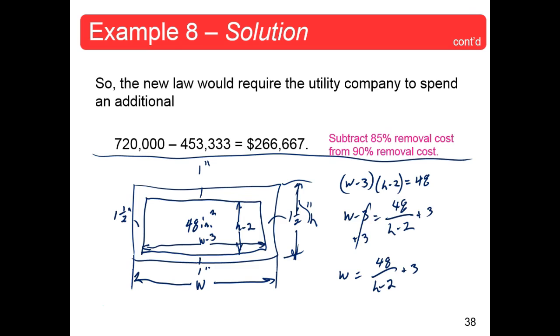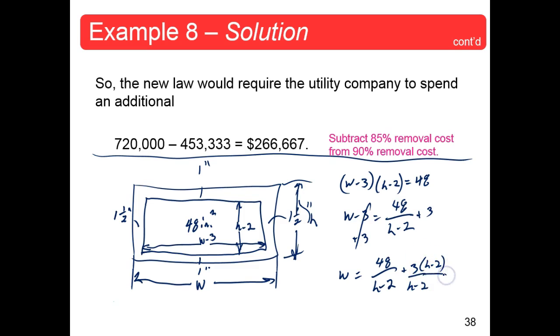Now, let's see. They've done it slightly differently, but, you know, we can still handle it. I think what they do is let's put this over H minus 2 as well.